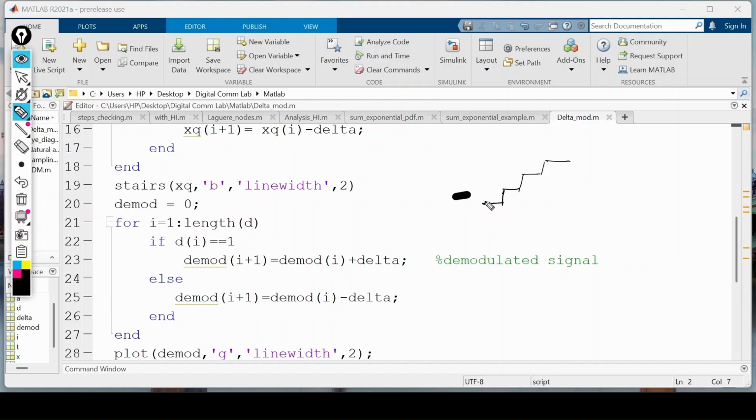That means this is the first sample, this is the second sample, third sample. So this is plotting like this. This is the staircase plot.